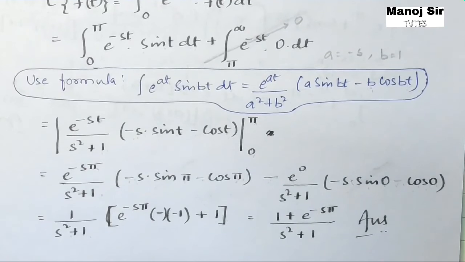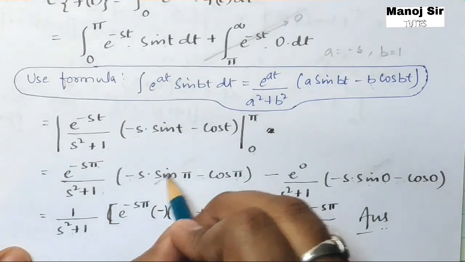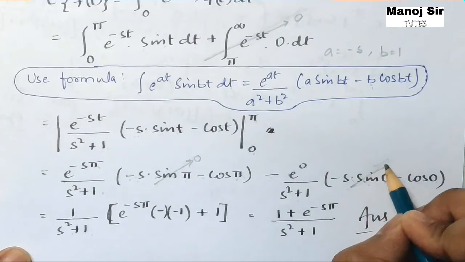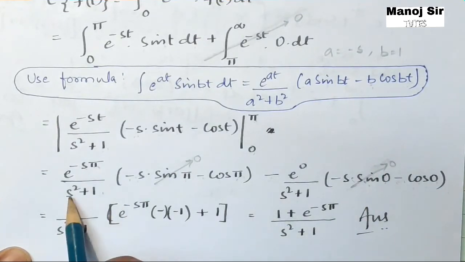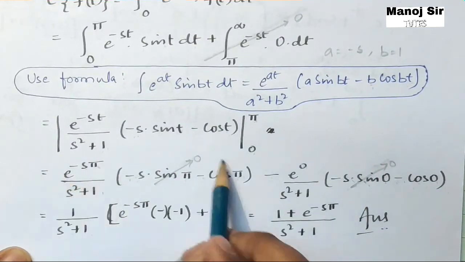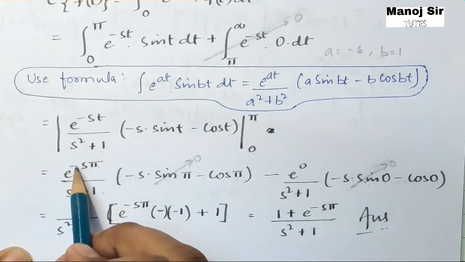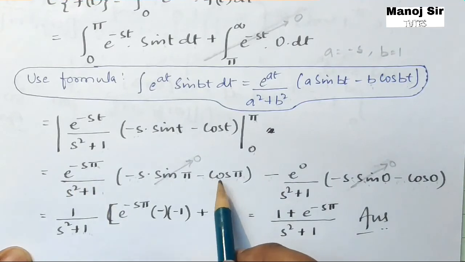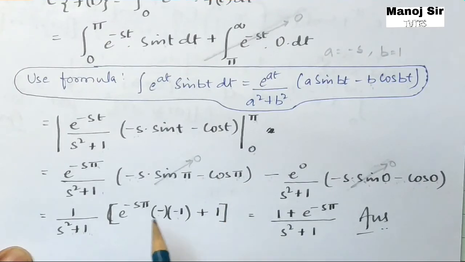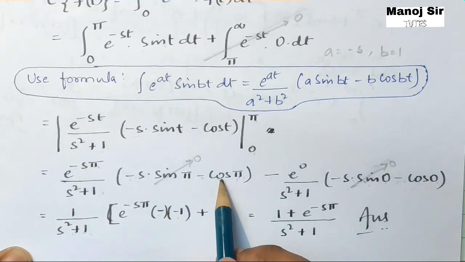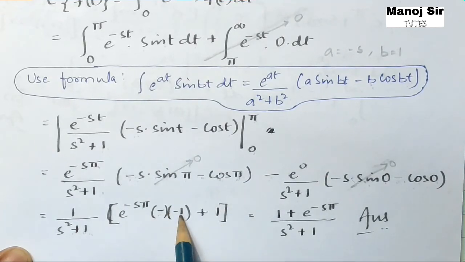Now here sin pi is how much? 0. Sin 0 is how much? Again 0. So from this upper limit and lower limit part, we are taking 1 upon s square plus 1 common. Here we are left with only e to the power minus s pi. Here you can see this is minus, and the value of cos pi is minus 1.